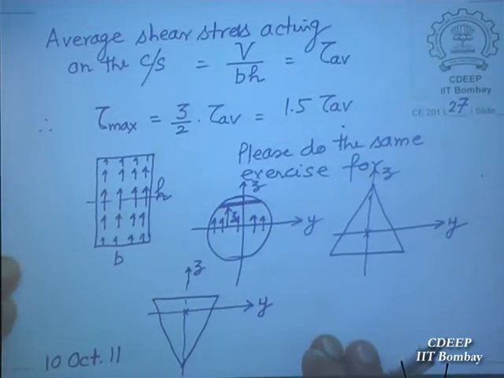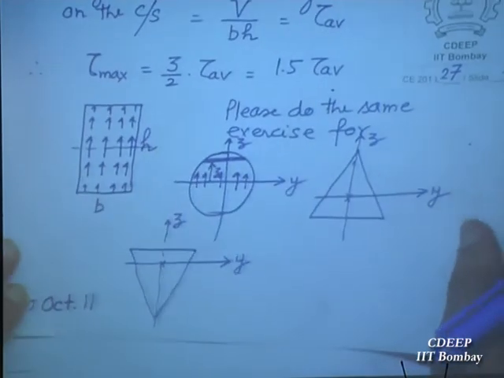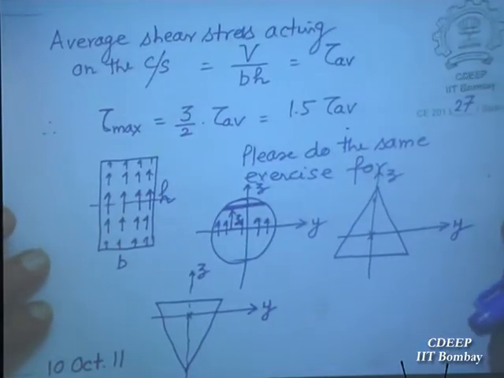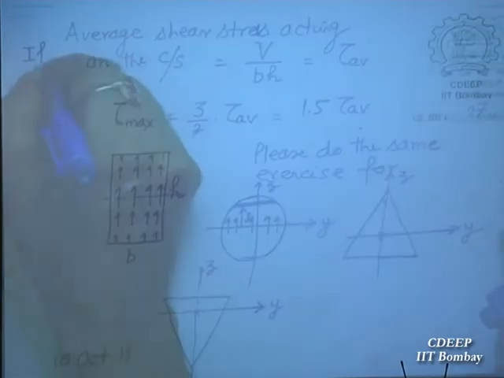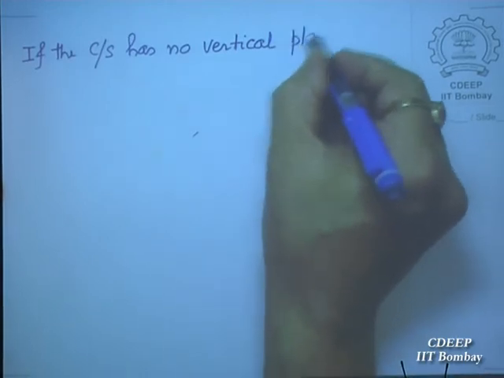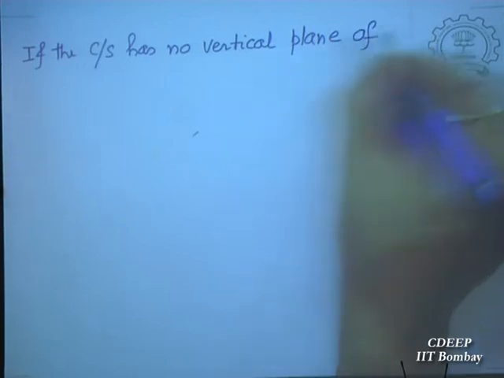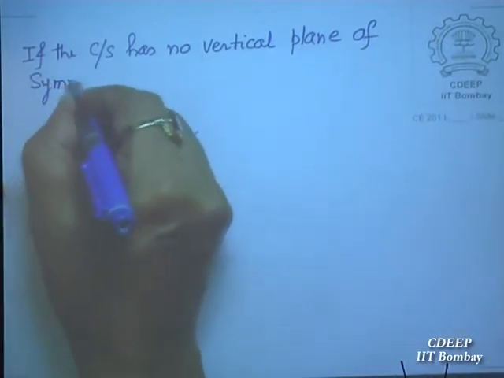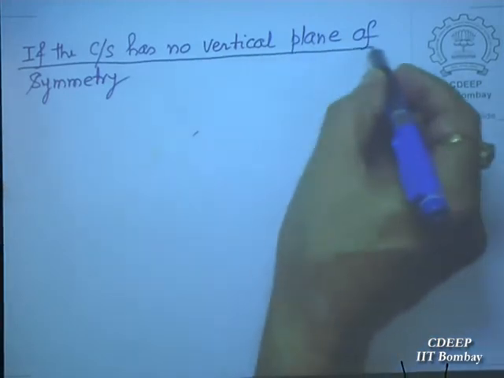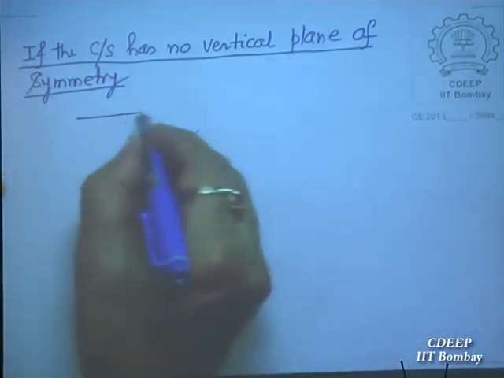Anyway, let me tell, since I have started: if the cross section has no vertical plane of symmetry, I will not complete this, I will only mention it. That means we are talking of sections like this.